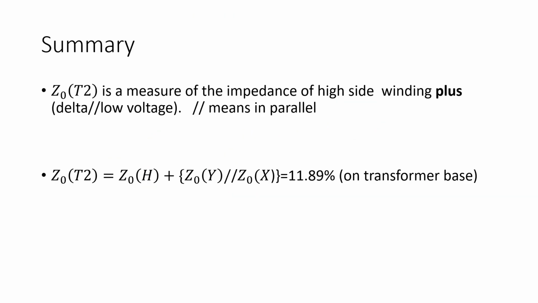So then the zero sequence impedance obtained from test 2 is a measure of the impedance of the high side plus the quantity delta in parallel with the low voltage. Let's do a quick sketch. So this is the high side, this is the low voltage, and this is the delta.